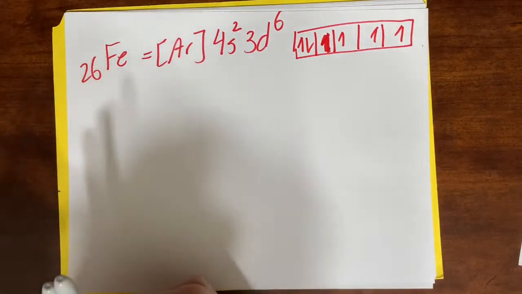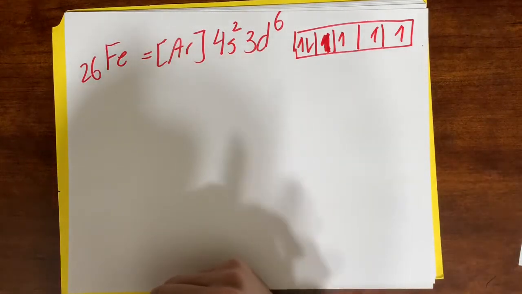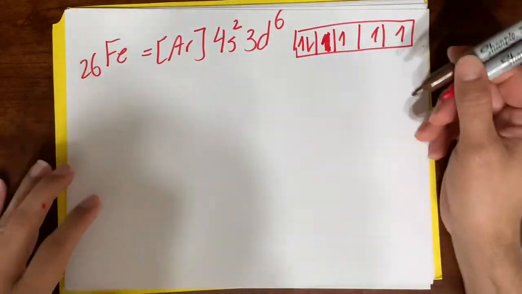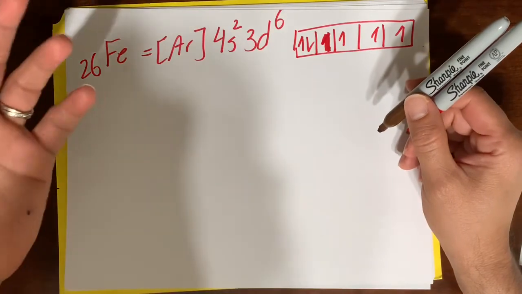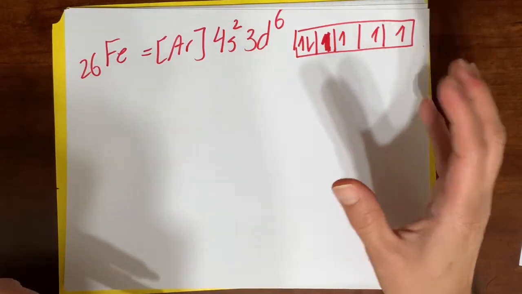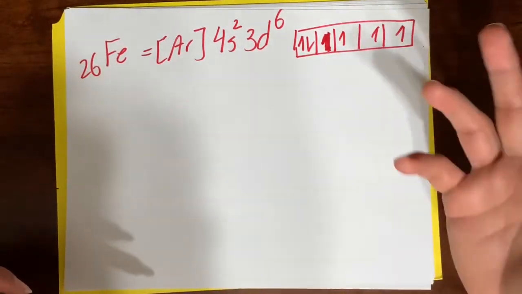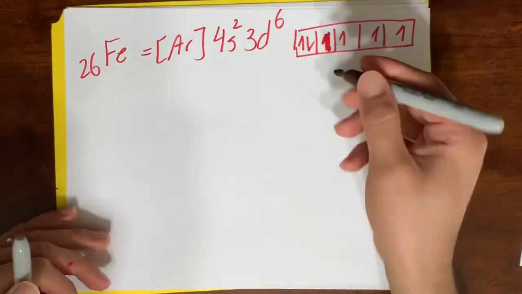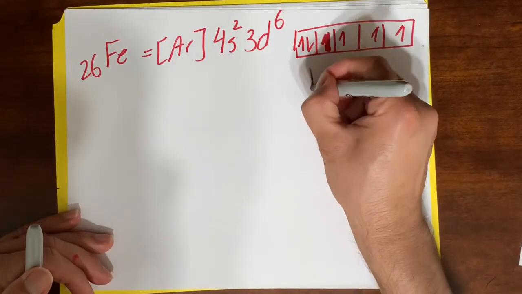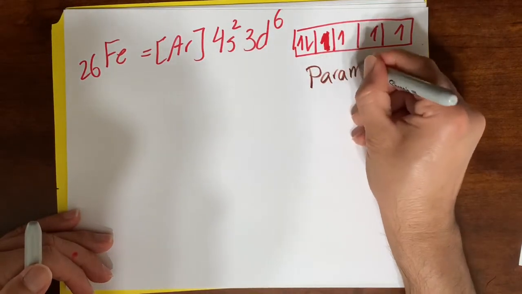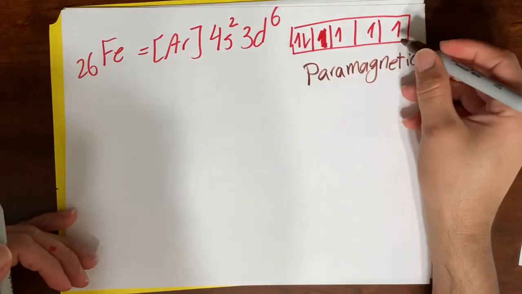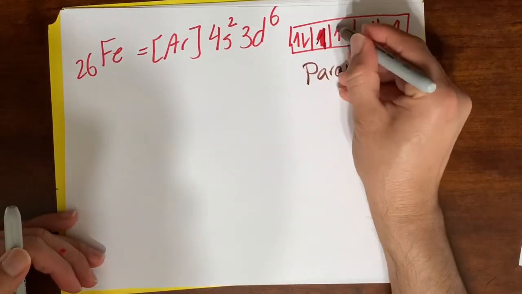If you have just one or more singly occupied orbitals, we say that element is paramagnetic. When you put it close to a magnet, it will interact with the external field of the magnet. Because I have 4 unpaired electrons, this element will be paramagnetic.